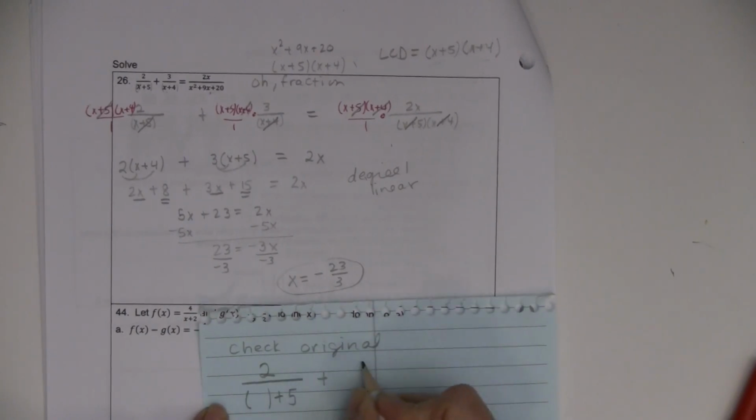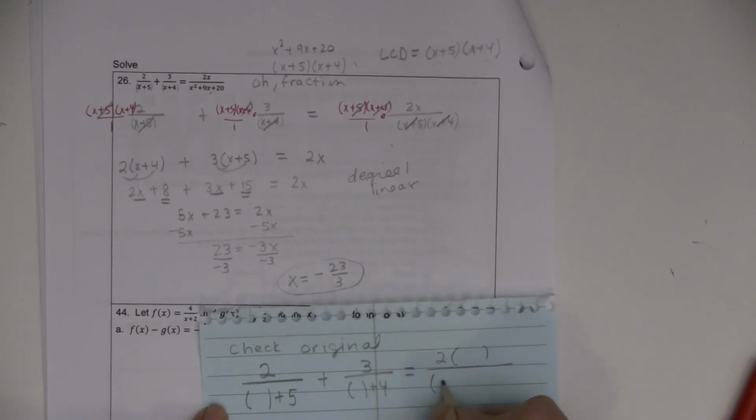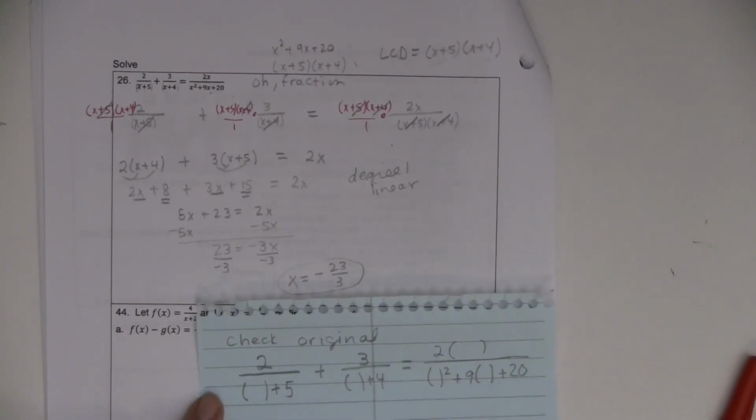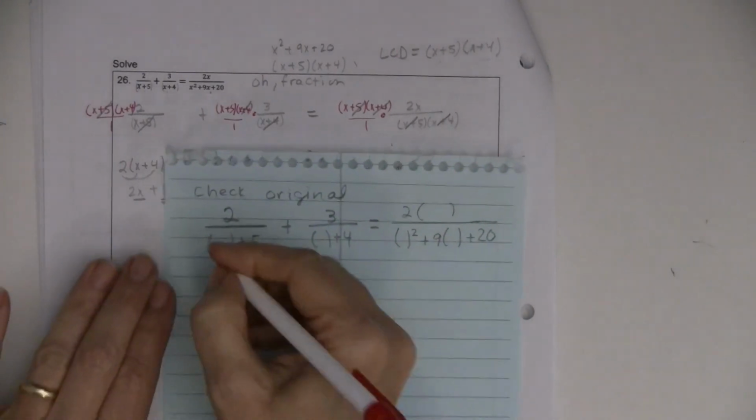And plus 3 over plus 4 equals 2x over the x squared plus 9x plus 20. And I'm going to be putting in to all of those spots negative 23 over 3.